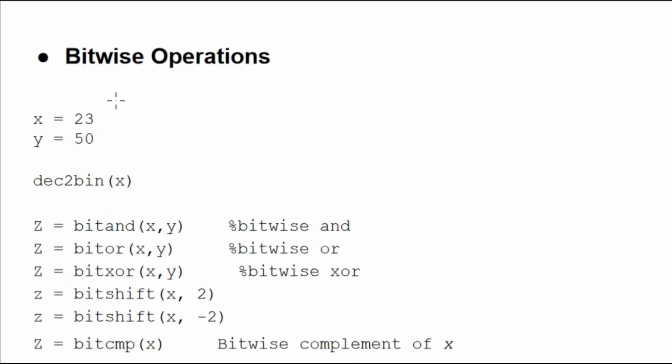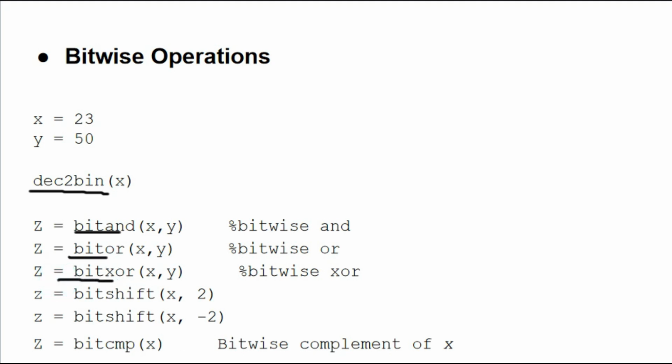In this video we are going to work on bitwise operators. We have the function dec2bin, which means decimal to binary. When we want to convert any decimal number to binary, that function is used. bitand gives bitwise AND, bitor gives bitwise OR, and bitxor gives bitwise XOR.